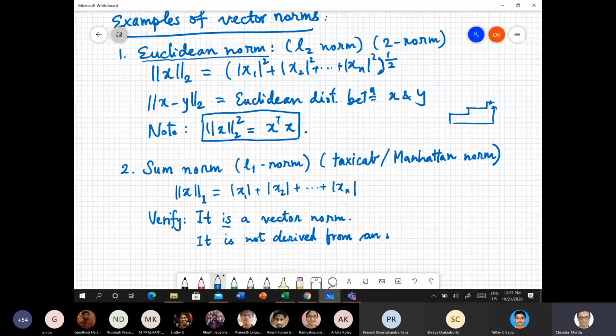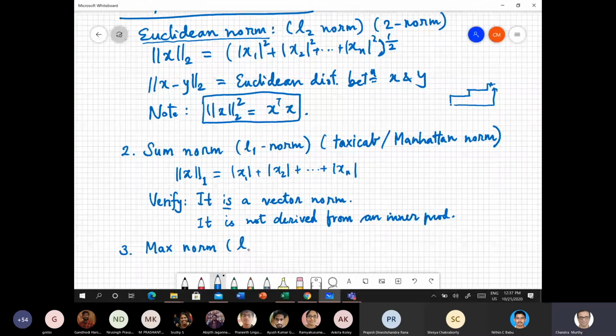The third norm is what is known as the max norm, or the L infinity norm. This is also called the Cartesian norm. And this is written as norm x infinity.